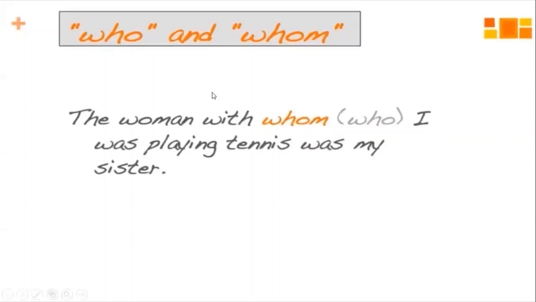When we use this version, where we have a preposition before who, it is always going to have a transformation. I mean, we are not going to say the woman with who. No, you cannot use this version.